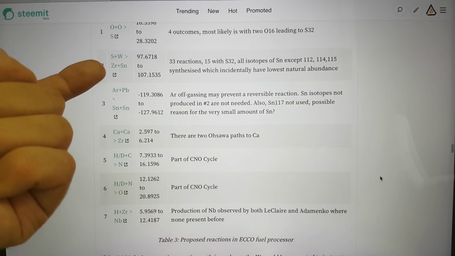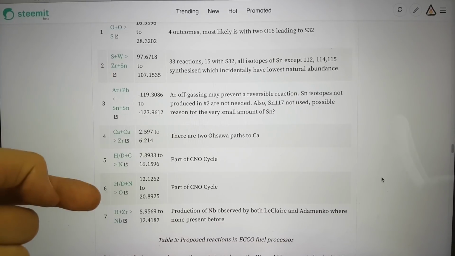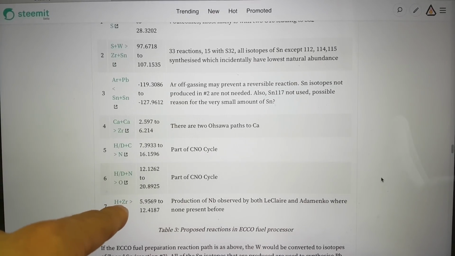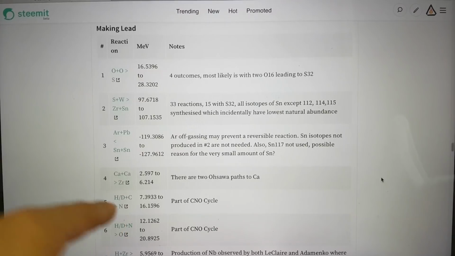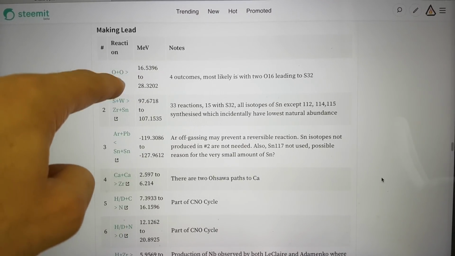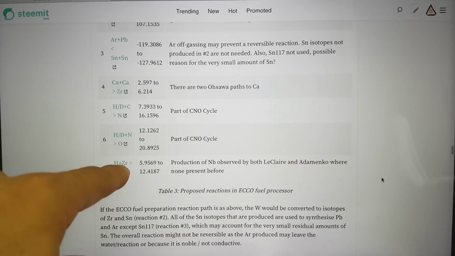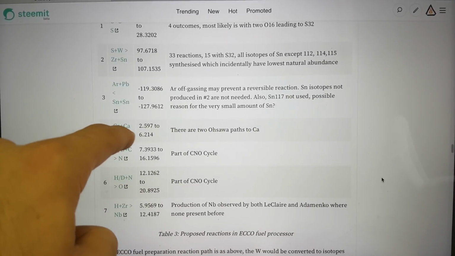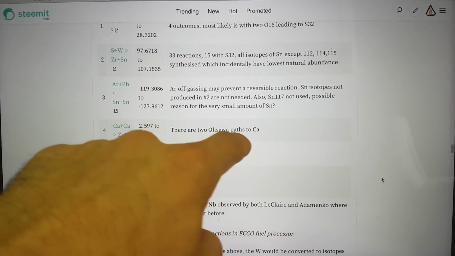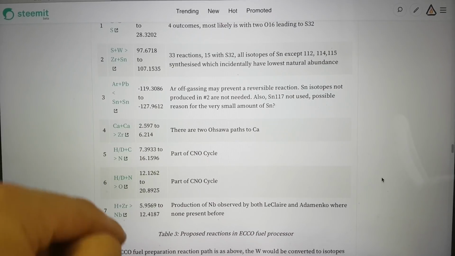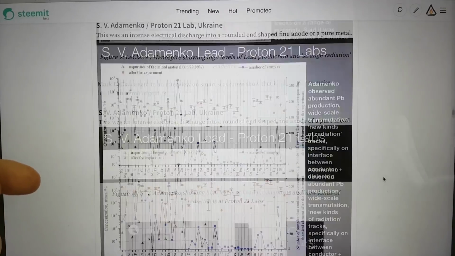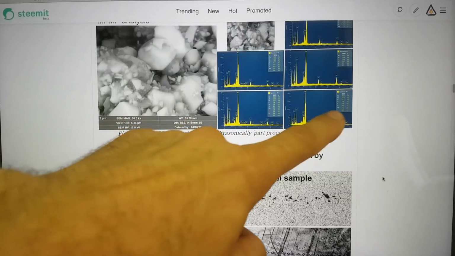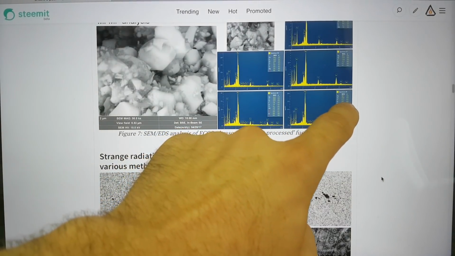The zirconium essentially could form the niobium by taking hydrogen out of the water. So your two oxygens are making sulfur. Your hydrogen and zirconium is making niobium. You can also have calcium, which is formed by various George-Joshua paths going to zirconium. So the relatively high levels of zirconium seem to be relatively easily explained.